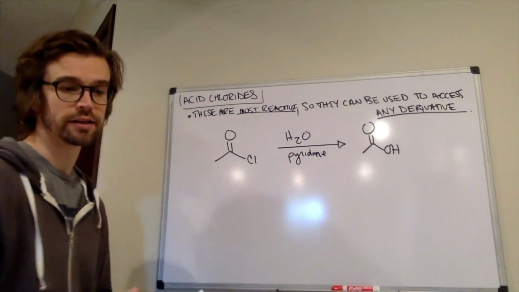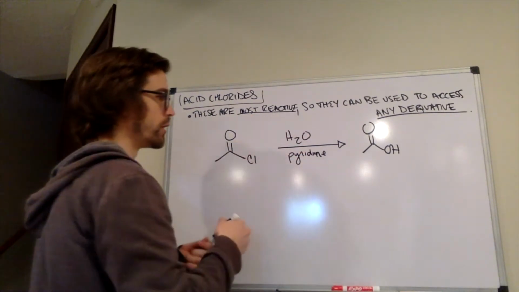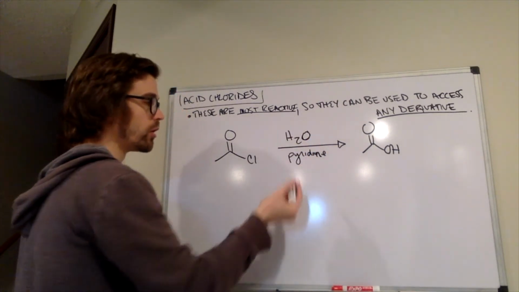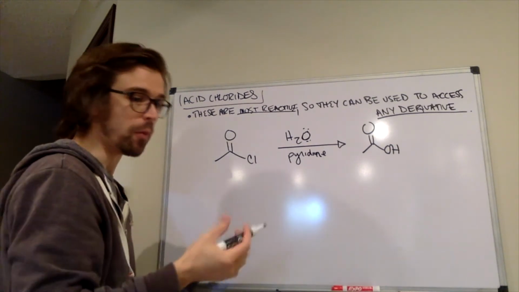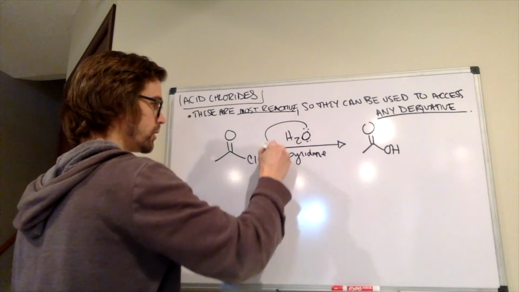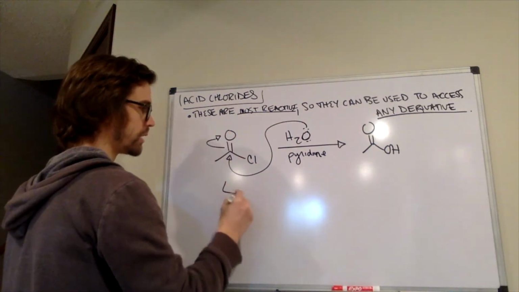So something that is partially negative is going to flow to that. So what is partially negative over here? The most electronegative atom of either pyridine or our water molecule is the oxygen. So step one, the partially negative oxygen is attracted to the partially positive carbonyl carbon. So this would be step one of this reaction.